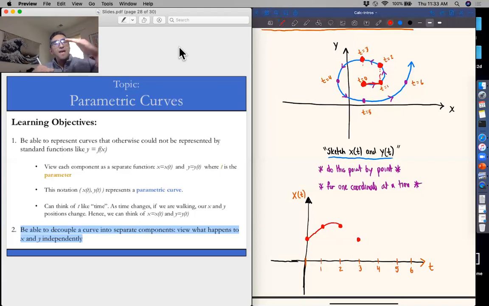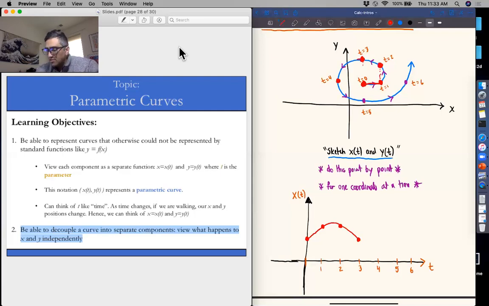Again, x is the dependent variable here, so we're ending at that same x value. And we're moving to the left, so we're kind of going down. So that's what's happening between t equals 0 and t equals 3 so far on our curve for the x component of our spiral.